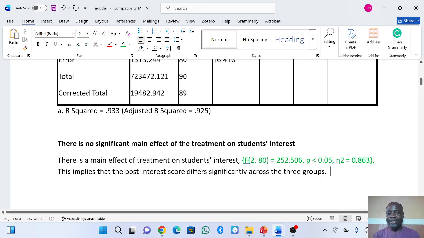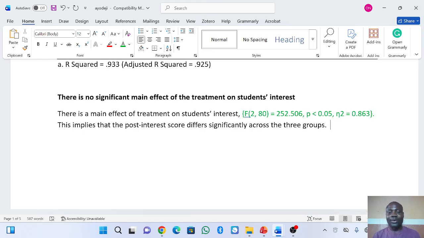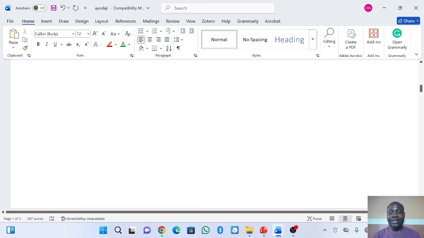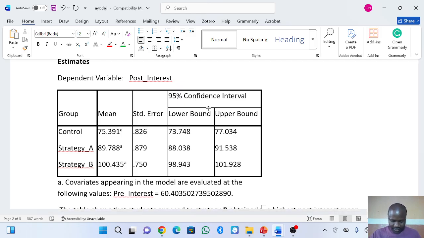The p-value is less than 0.05 and the partial eta squared value is 0.863. So this implies, just like I wrote here, that the post-interest score differs across the 3 groups. The differences among the mean scores obtained are significant.